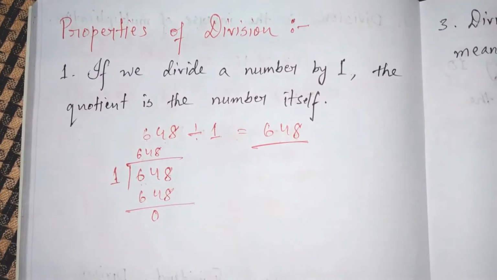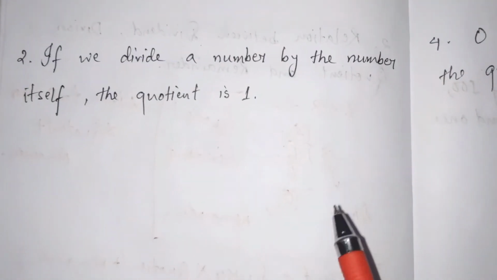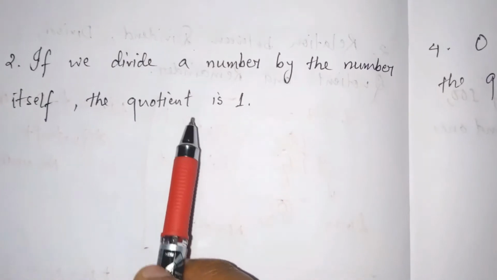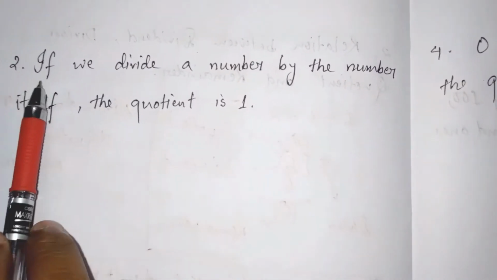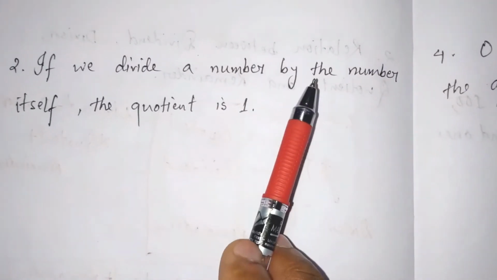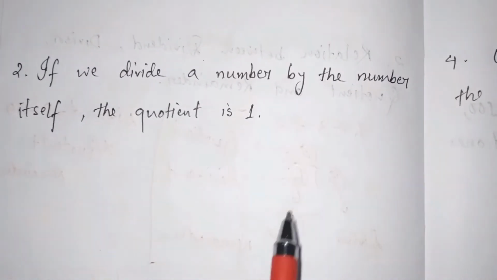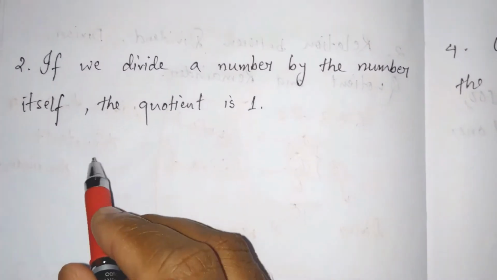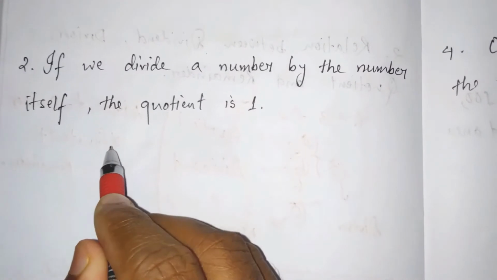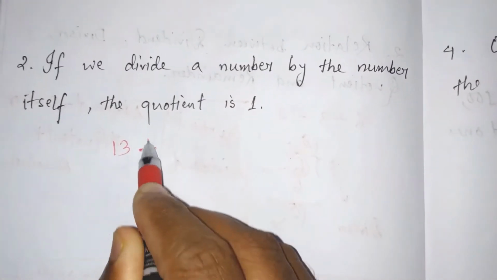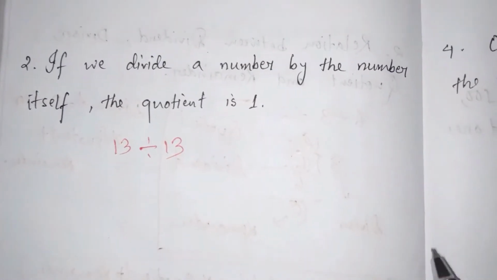Let's see the next one, students. The next one is also pretty easy. The statement is if we divide a number by the number itself, the quotient is 1. Let's understand this with an example. I am dividing 13 by 13. What is the result?